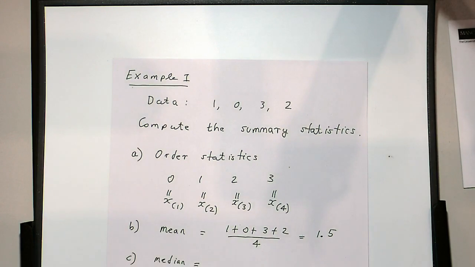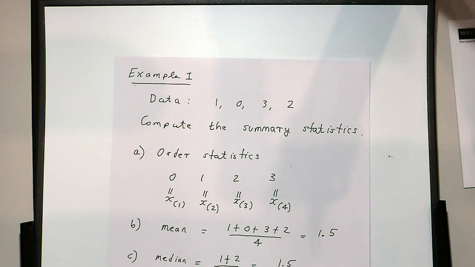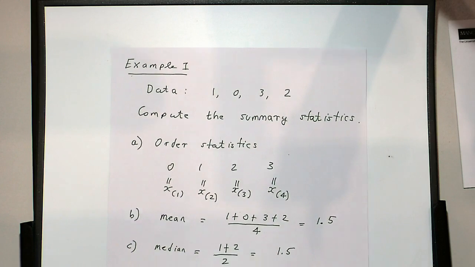In this case you have 4 data points, so you take the two middle numbers and divide by 2. The two middle numbers are 1 and 2, and you divide that by 2. So this is going to be 1.5. So in this case, the mean and the median are equal. So that means that the distribution is symmetric, right?